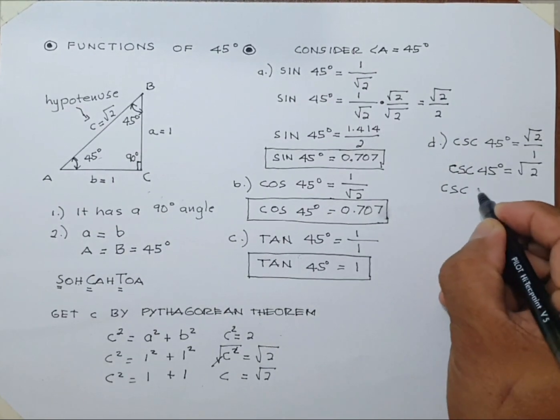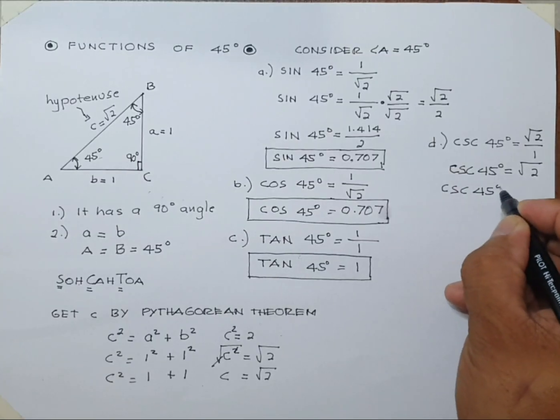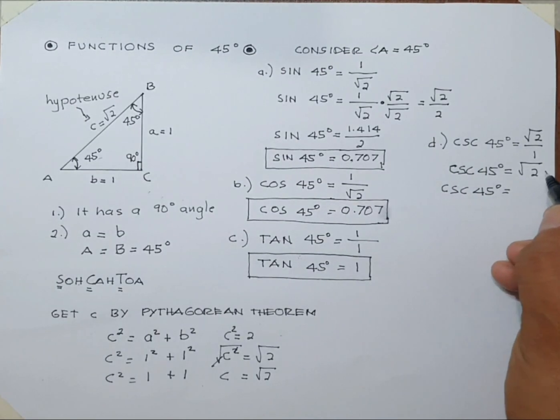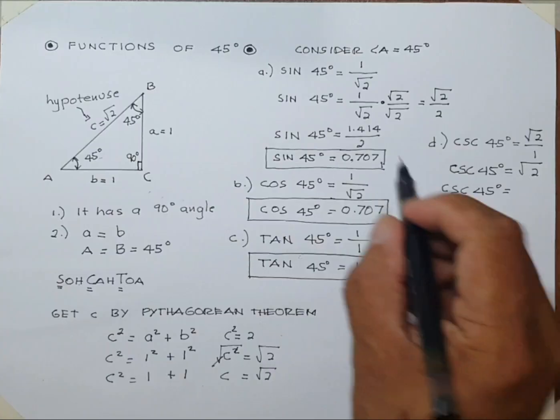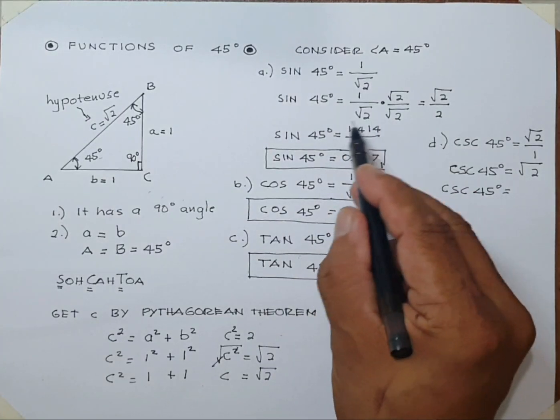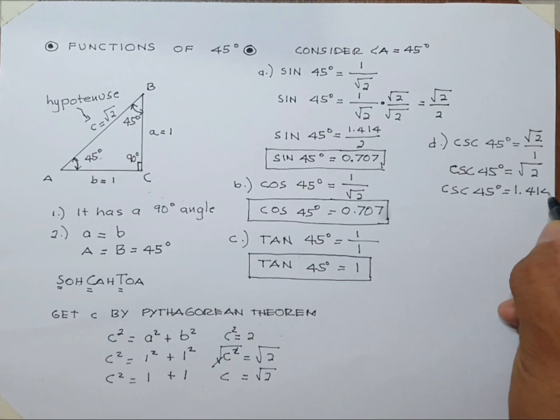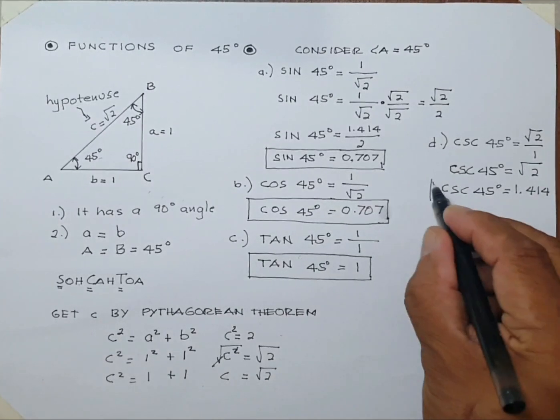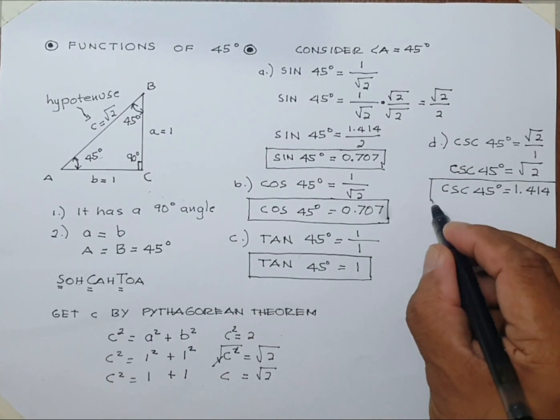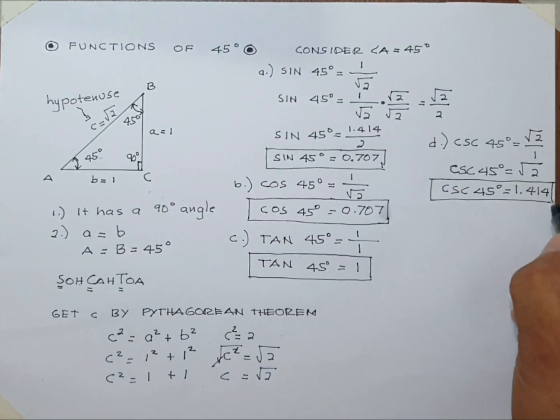And what is square root of 2? This is square root of 2. That is equal to 1.414. So this is the fourth function of the 45-degree angle.